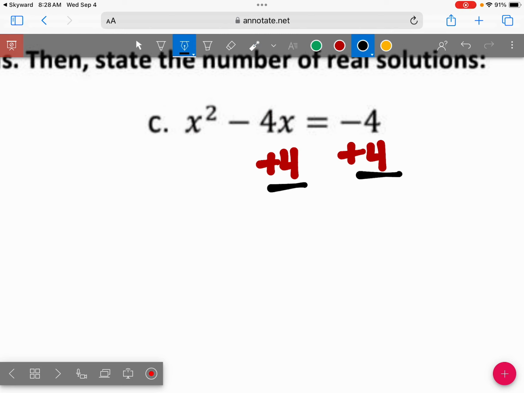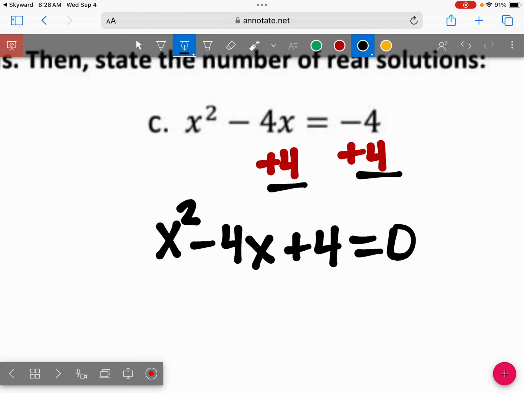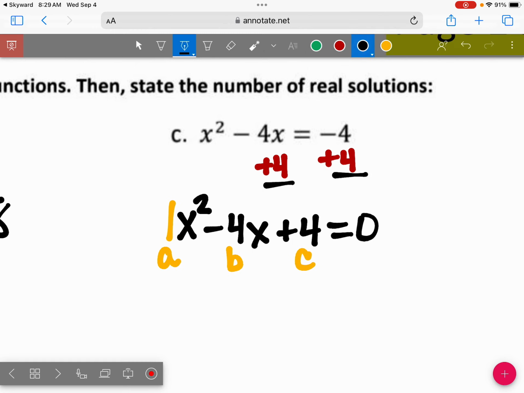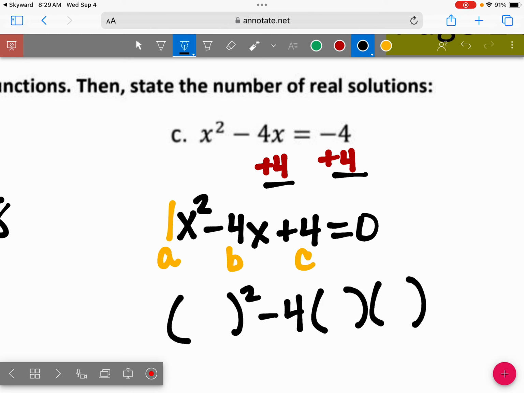So that means we have x squared minus 4x plus 4 equals 0. So A is 1, B is negative 4, and C is positive 4. So B squared minus 4 times A times C.